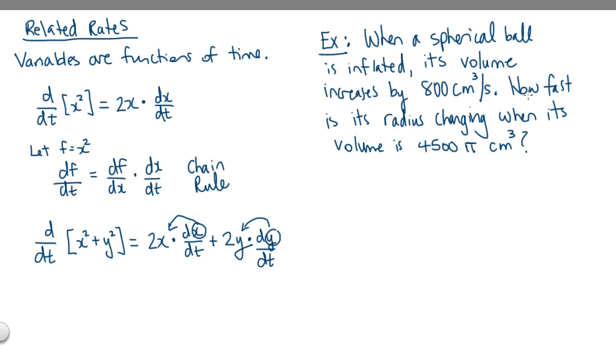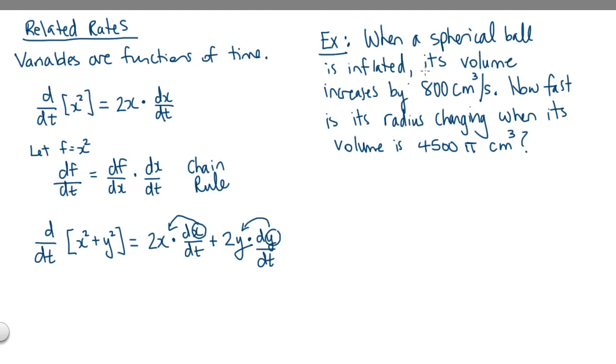So first thing we can realize is that how quickly its radius is changing probably depends on how big the ball is at the specific moment that we're interested in. Well, let's see if we can organize our given information here.